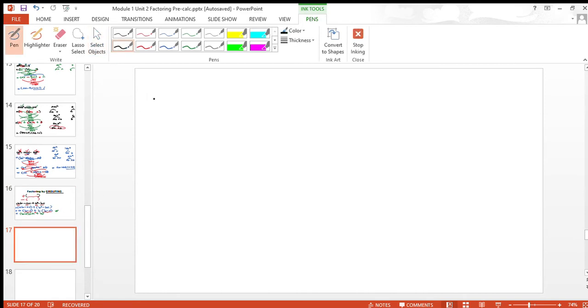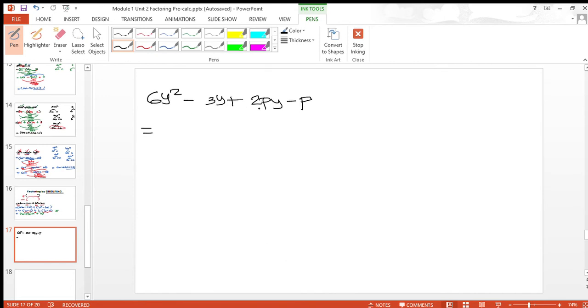Second example. So let's say we have the expression 6y squared minus 3y plus 2py minus p. Again, if you will inspect, do we have a common monomial factor?